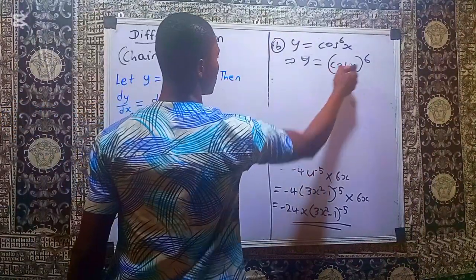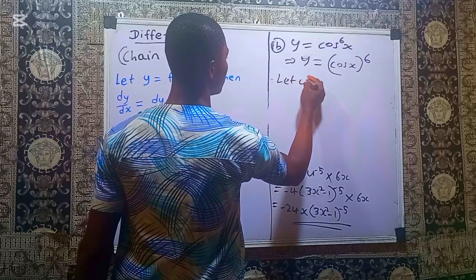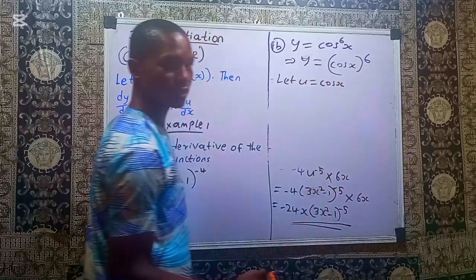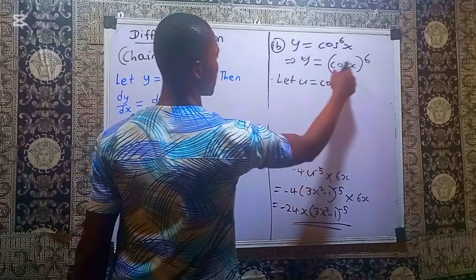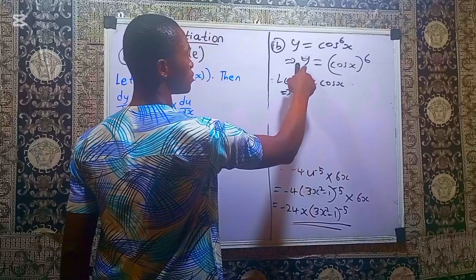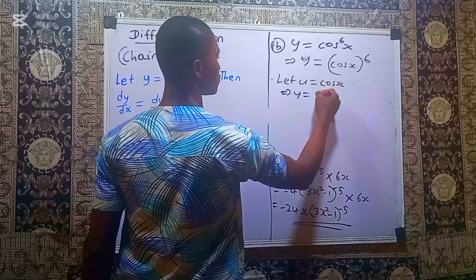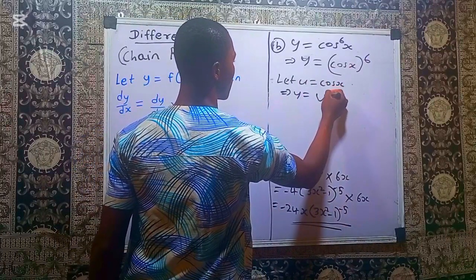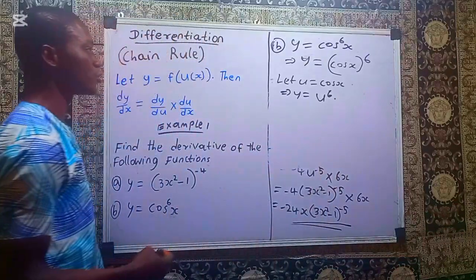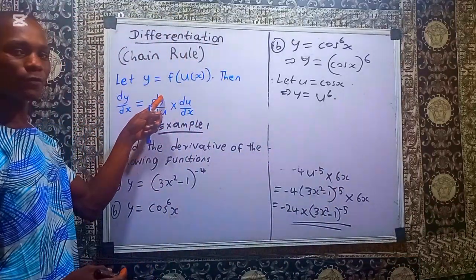What's inside the bracket is cosine, so I'll say let u be equal to cos x. If u is cos x, this implies that y will be equal to u raised to power 6. Then according to the formula, we need to differentiate y with respect to u.